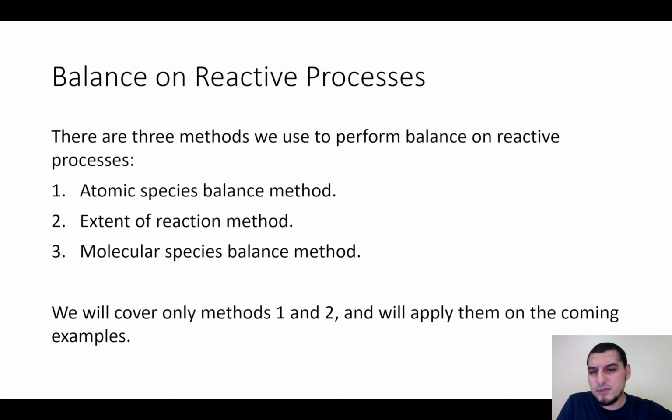The atomic species balance method is going to be kind of a new method. The extent of reaction is almost covered in the previous video, and I believe we covered everything except just the degrees of freedom analysis. Other than this, we already covered everything regarding the calculation. So this is going to be kind of repetition of what we mentioned before.